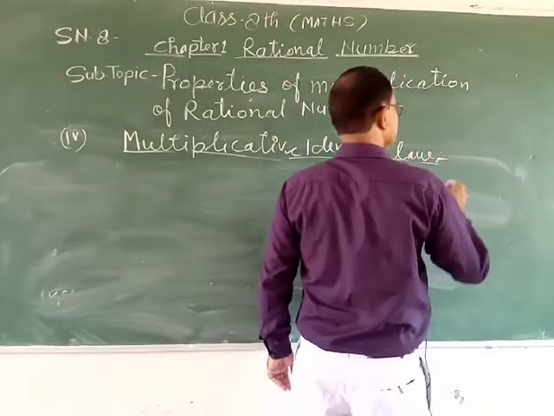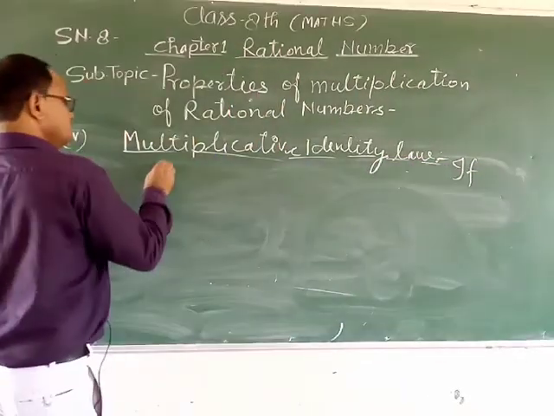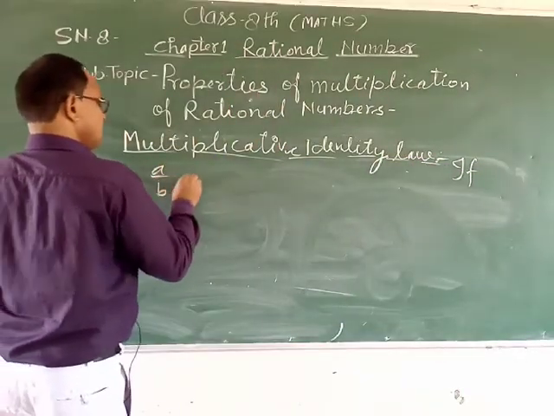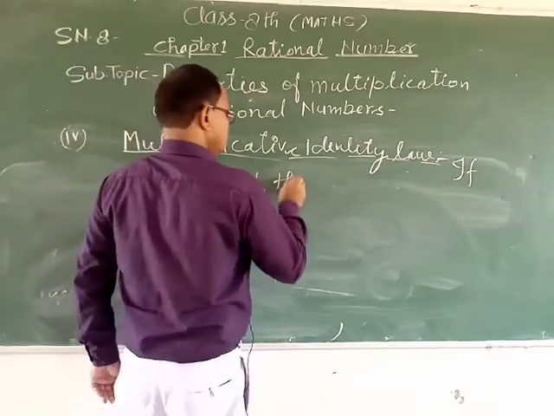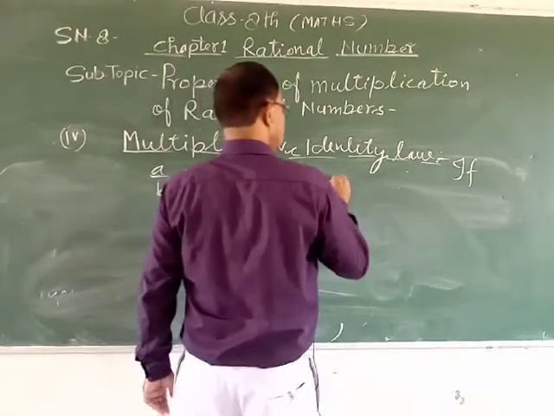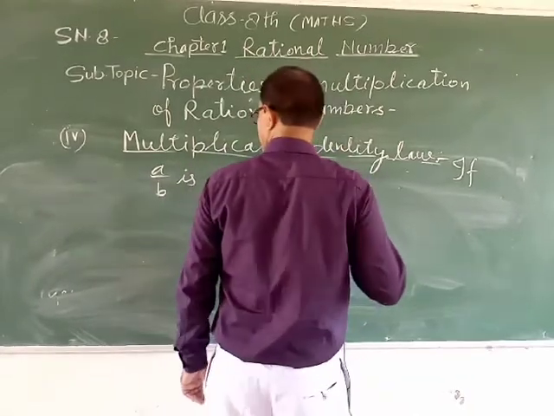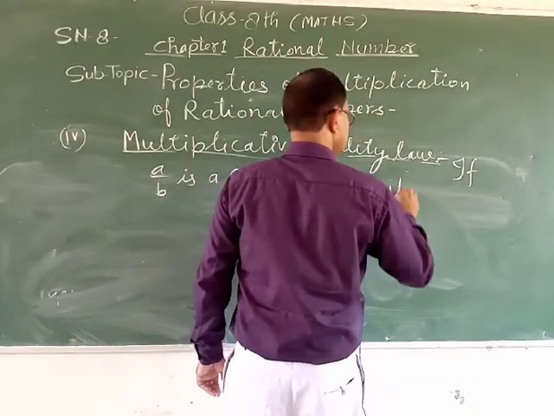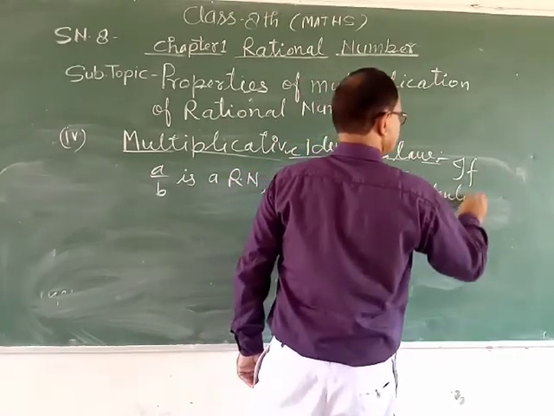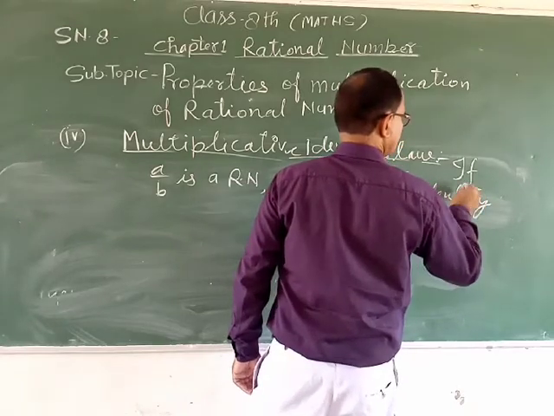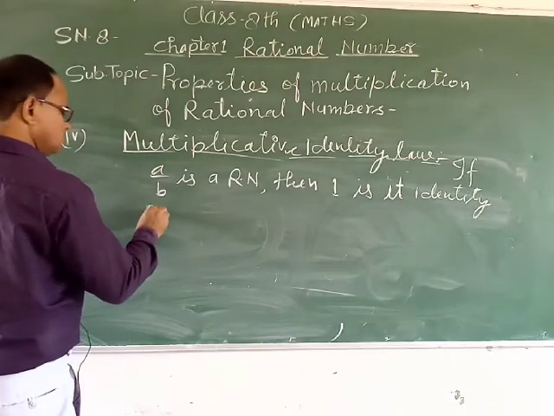Here, if A by B is a rational number, then 1 is its identity rational number.